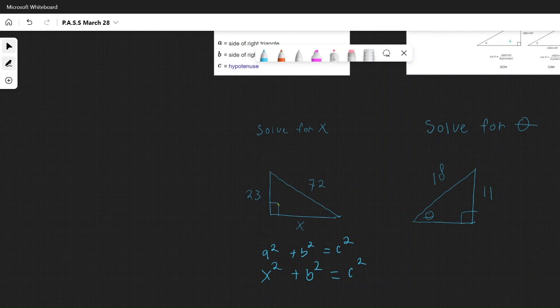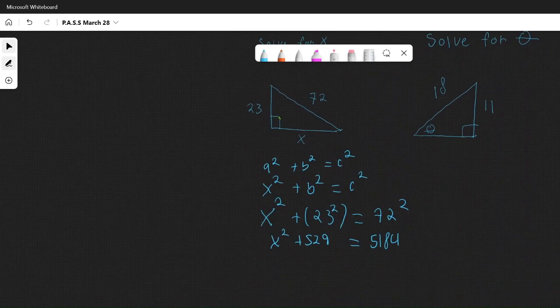So you have x squared plus 23 squared equals 72 squared. And I'll have to go grab my calculator. So x squared plus 529 equals 5,184.